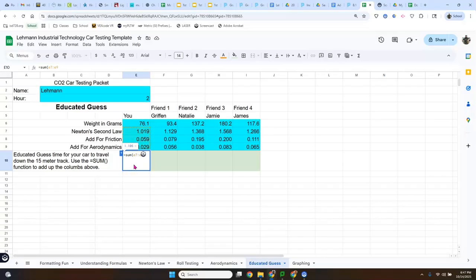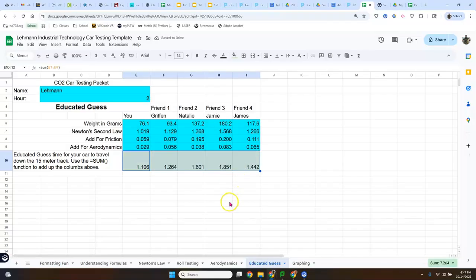And then we do close parenthesis, and then hit enter. And then we can see that overall, my start time plus my time for friction plus my time for aerodynamics is giving me an educated guess time of 1.106 time in seconds. Once again, click that, hover over the corner, and drag that to the right to get all the people's cars.